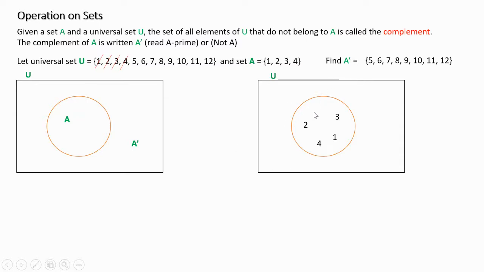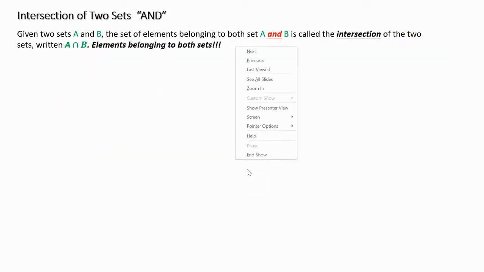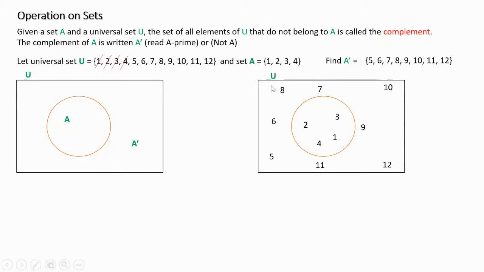So not A means 5 and the rest, which are not inside of A. I'm going to put all of these on the outside, because this means not A. If this is set A, not A will be everything else on the outside, but still inside the universal set: 5, 6, 7, 8, 9, 10, 11, and 12. That's how you express this in a Venn diagram.